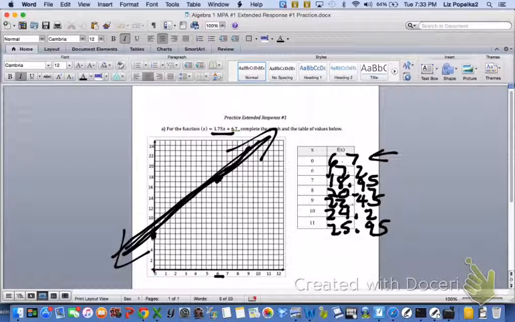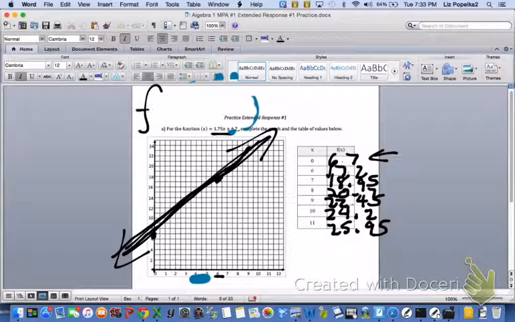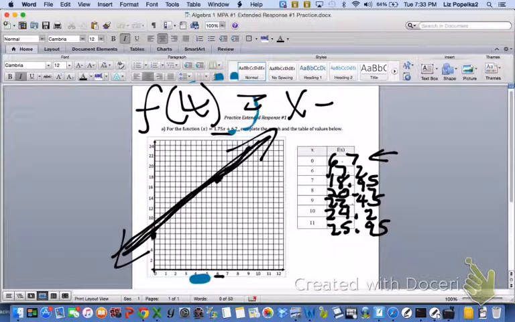I'm going to just read to you what it says for part B so that we can still look at the same graph that I've got right here. So it says on the graph, label the points f of 4 and f of 9. So remember, go over. F of 4 means when x is 4. So f of 4 means wherever x is 4.